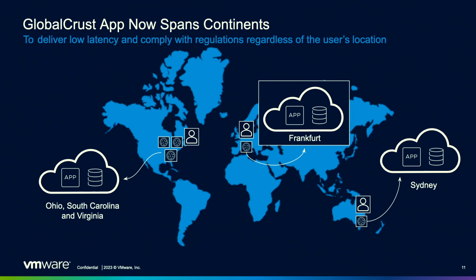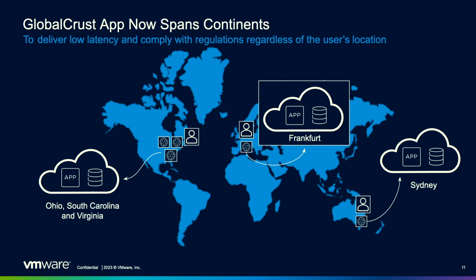And eventually, what the Global Crust company and team decided to do was deploy a multi-region application. They already had that multi-region application in the United States, but they also went to the European data centers and to Australia. So generally, you need to have an application instance running in all of those locations, and you also need to decide about your database deployment.